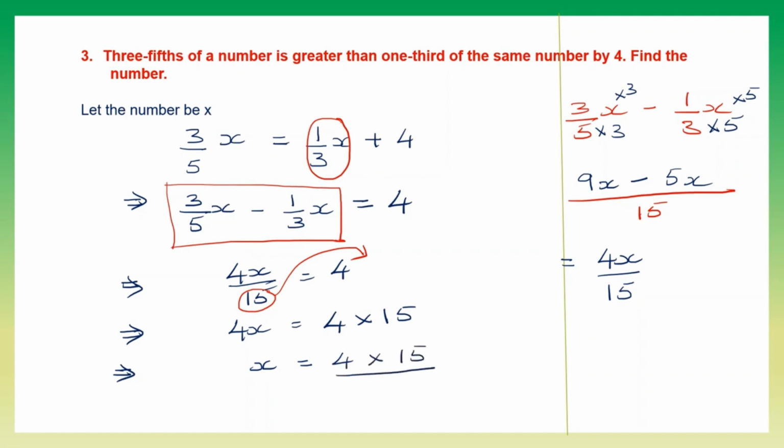Now I'm going to transpose this 4, which is multiplication, to the right hand side. It will become division and it will come in the denominator here. Now I can cancel this 4 and this 4. So what is left? 15. So now I have found the value of x. x is equal to 15. So this is my answer.